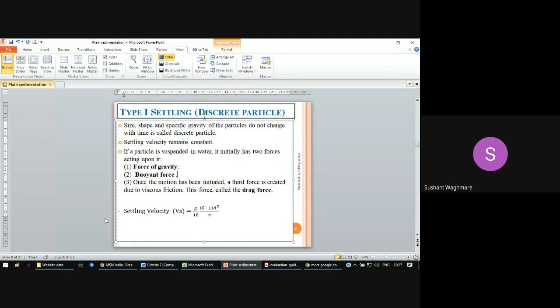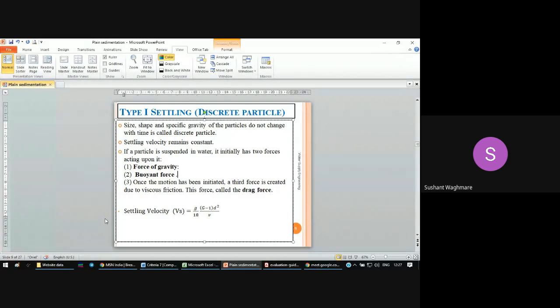Maybe in your first unit of soil mechanics, you might have come across the term G, right? G is the specific gravity of the solid.